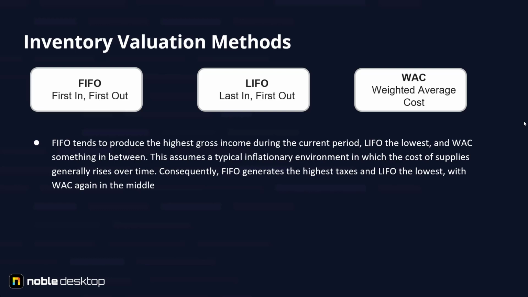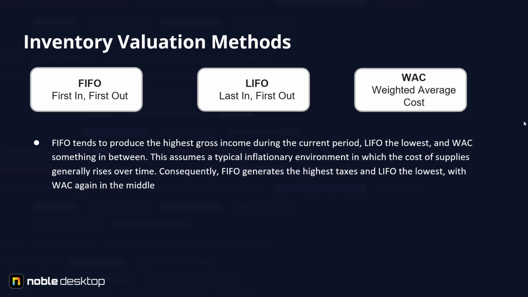FIFO tends to produce the highest gross income during the current period, LIFO the lowest, and WAC something in between. This assumes a typical inflationary environment in which the cost of supplies generally rises over time.